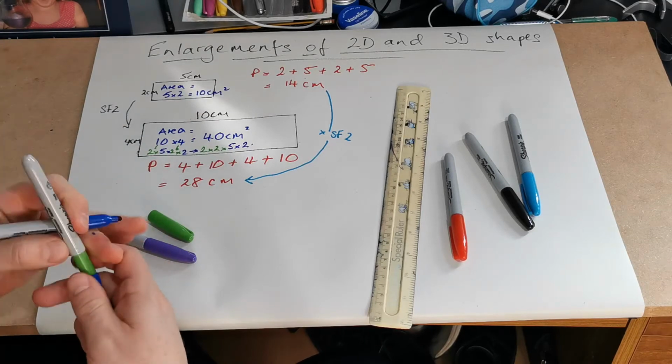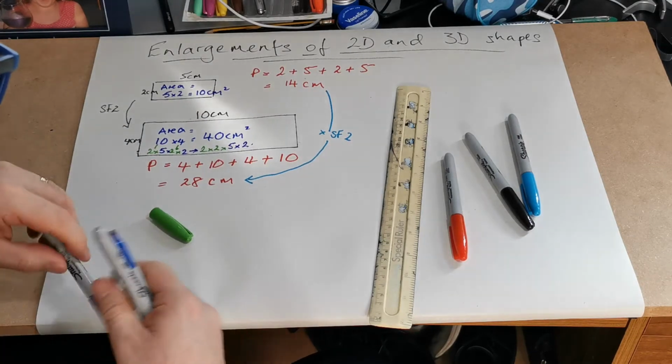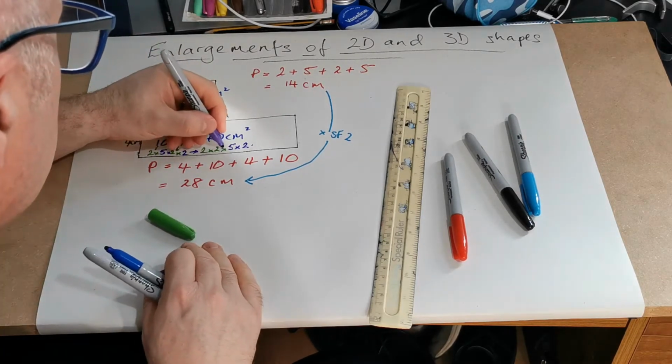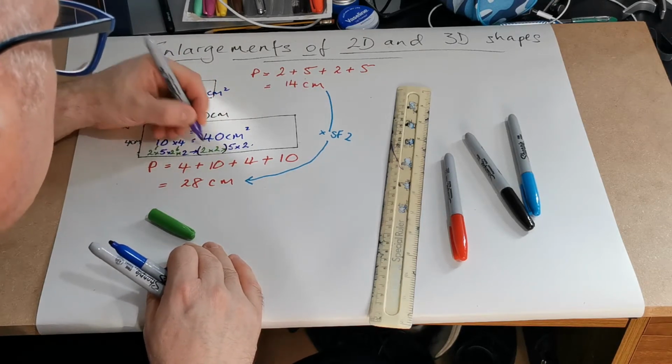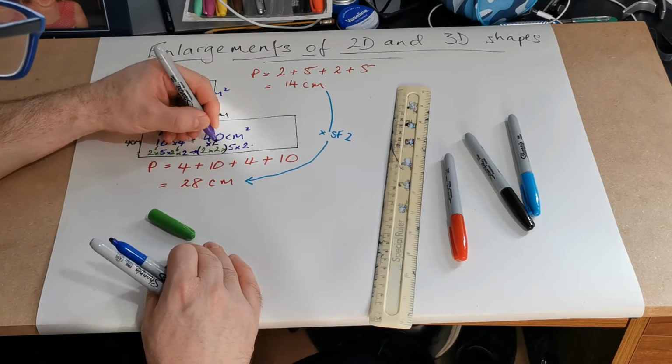So you can see from that that this bit here is a times by 4.